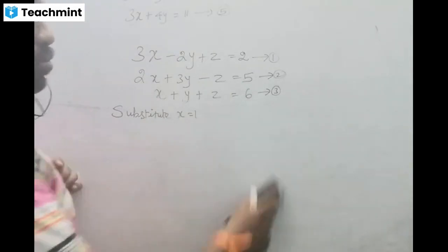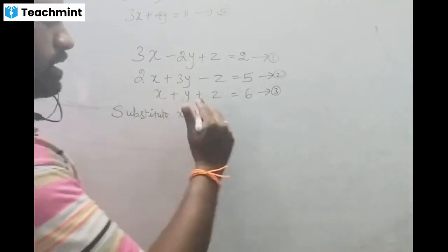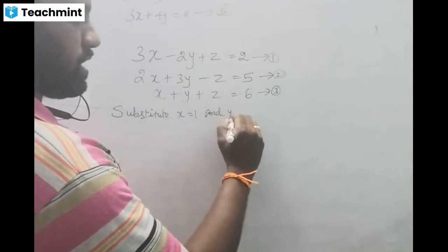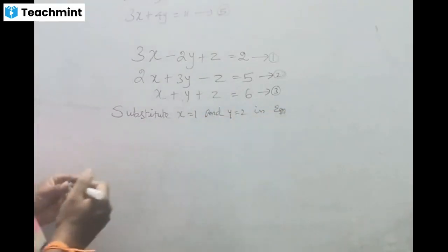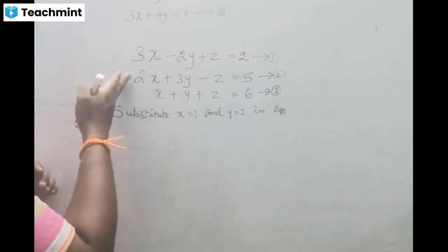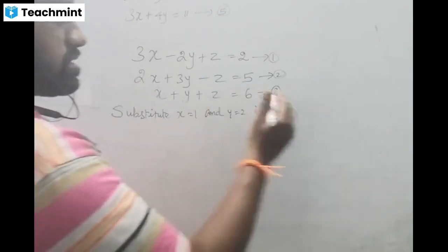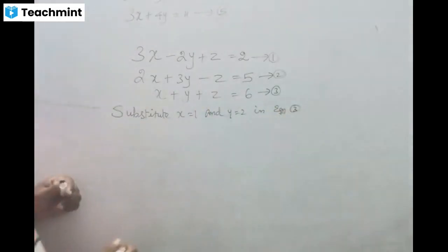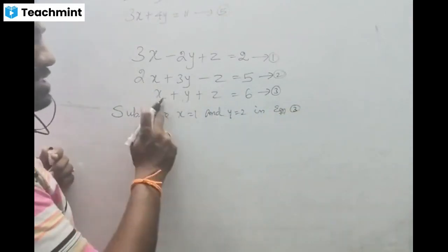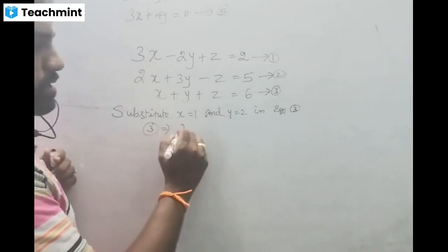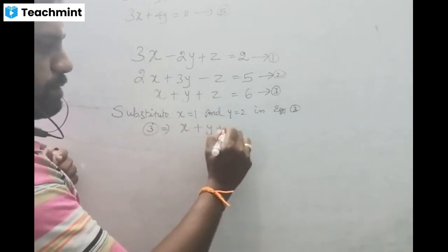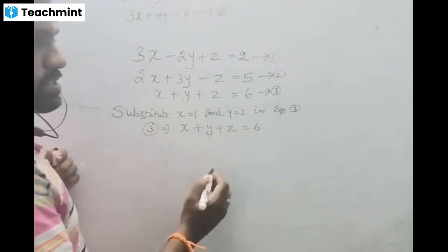Now we got two values, x equal to 1 and y equal to 2. We have to substitute them in an equation, either 1, 2 or 3, whichever you want. Equation 3 will be very simple. So I substitute x equal to 1, y equal to 2 in equation 3. The third equation is x plus y plus z equal to 6.